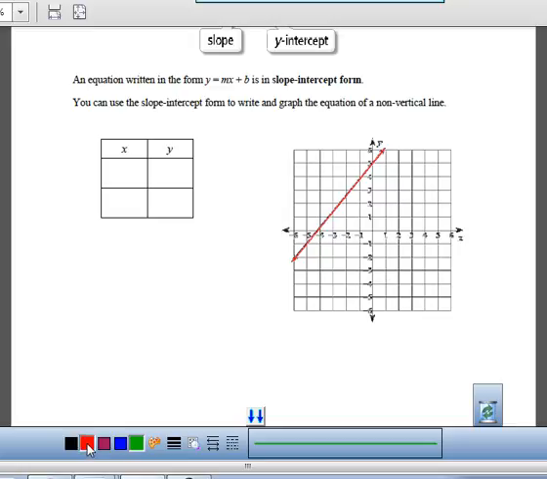Okay, so we have a table and then we have a line over here that's on our graph. It's a straight line, and it's leaning from left to right. It's leaning like it's going up, so we know the slope's going to be positive.